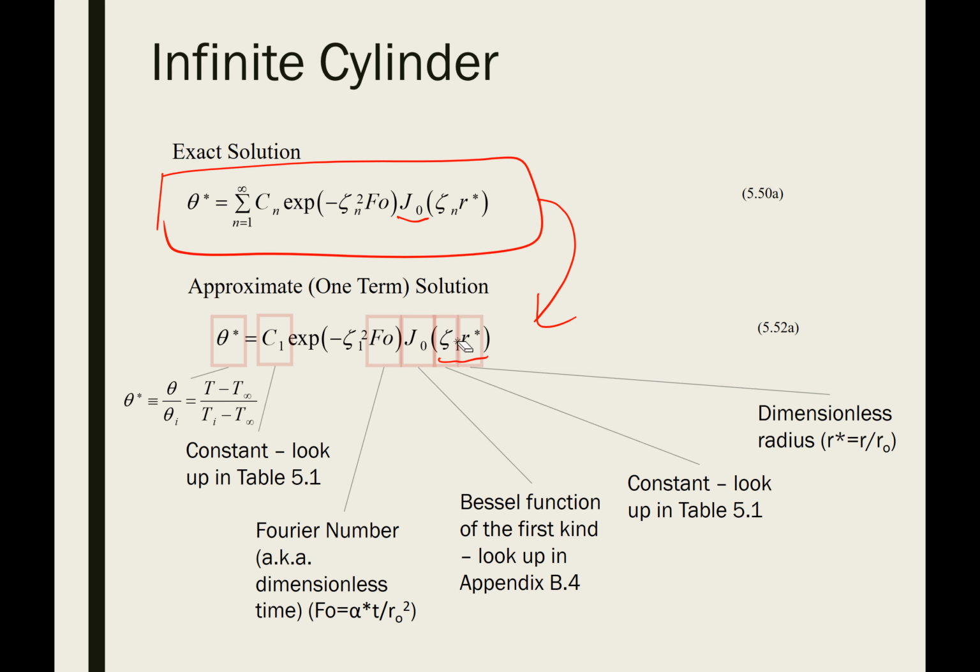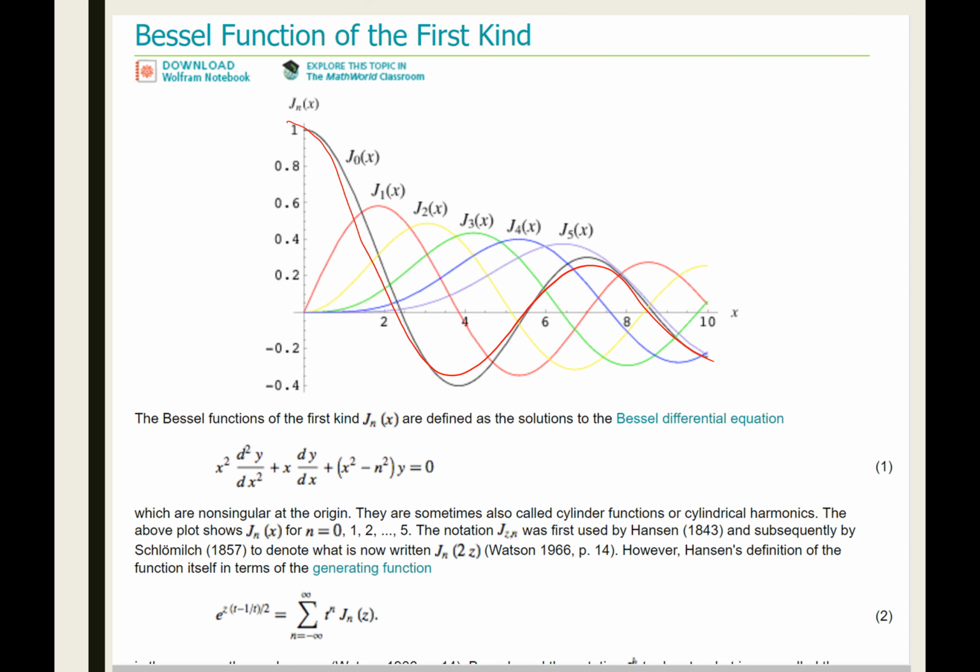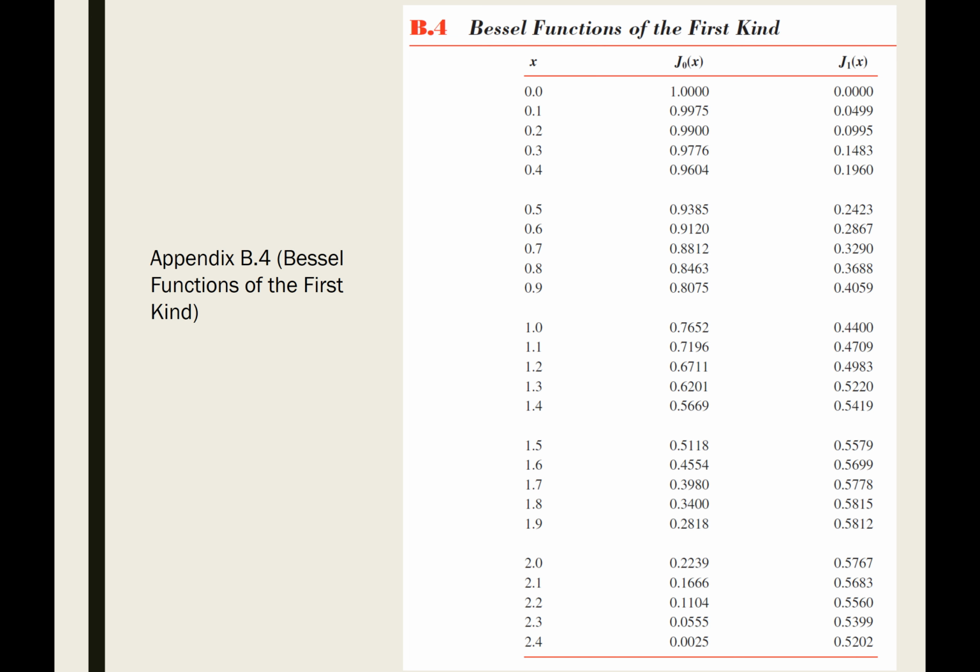So that zeta 1 probably won't have a lot of great physical meaning to you, but you calculate that term inside, and then you just apply this operator. But this is another thing you can look up in the book. We'll fairly rarely encounter these kinds of problems where you have to look up the Bessel function. But here's the table, how that looks if you're so interested.